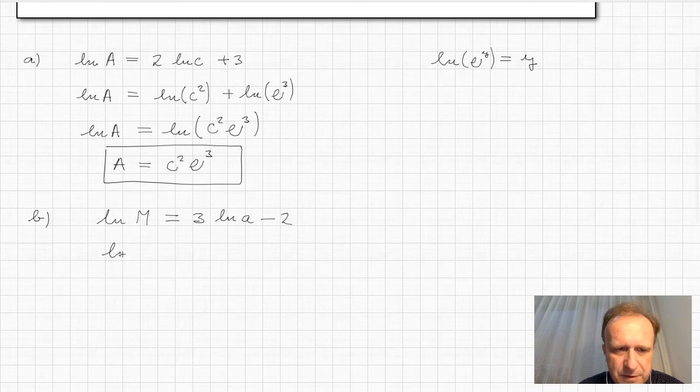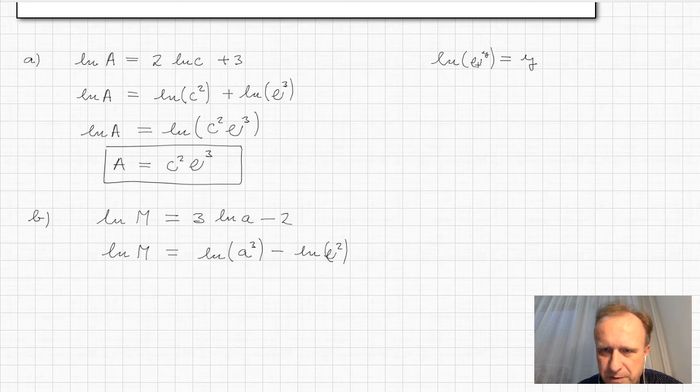Now I will use the same strategy. So the left hand side will be without change here, and on the right hand side I can use the power rule law to say that this would be the natural logarithm of a to the power of 3 minus, and the same law used as before, number 2 can be written as the natural logarithm of e to the power of 2.